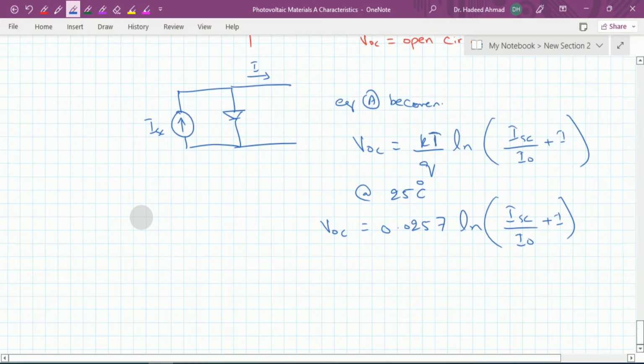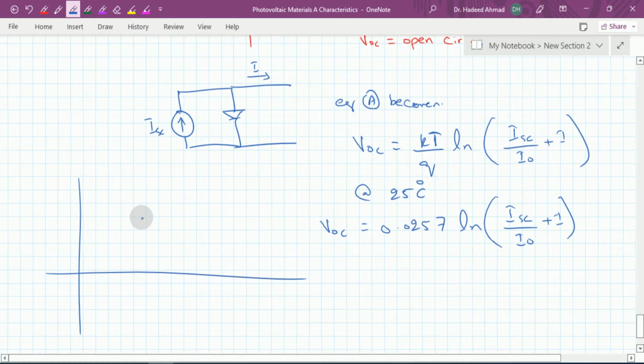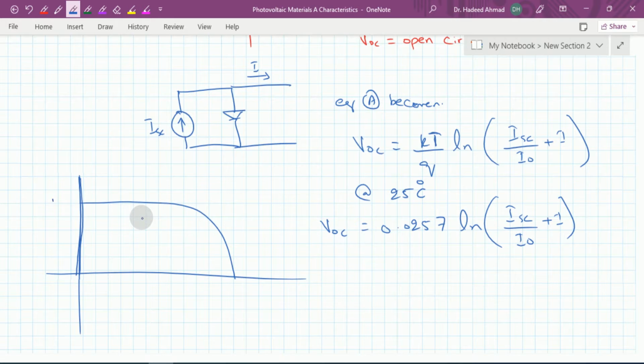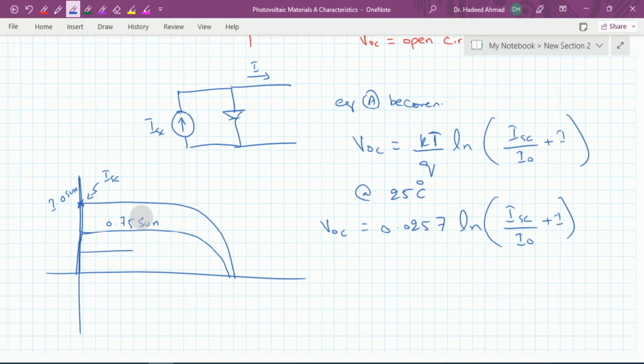So we can say that if we have the maximum sun available, let us call it 1 sun, we have this much amount of ISC available, and if we have a lesser amount of sunlight available, then we have this type of PV curve, and so on and so forth.